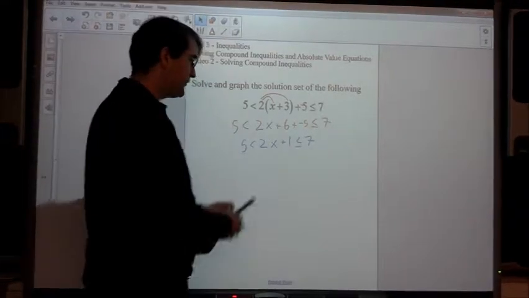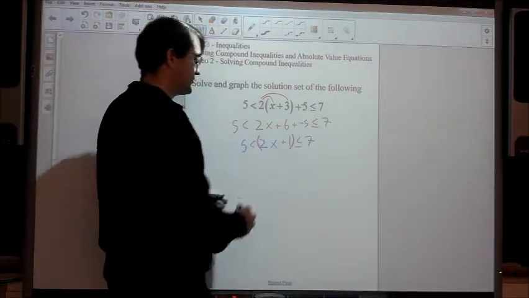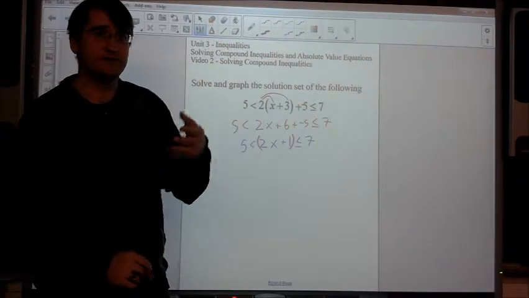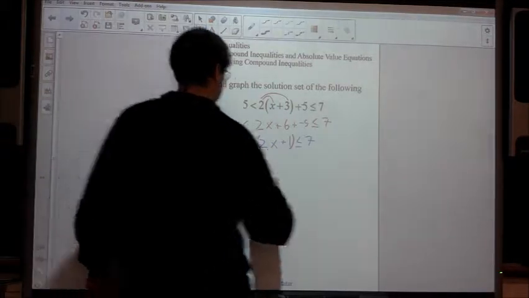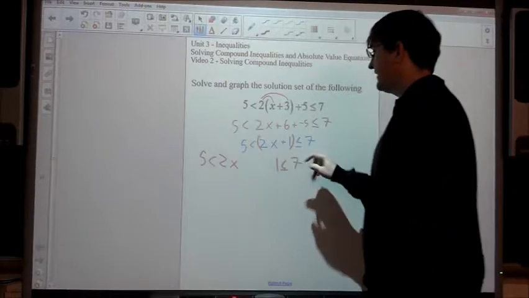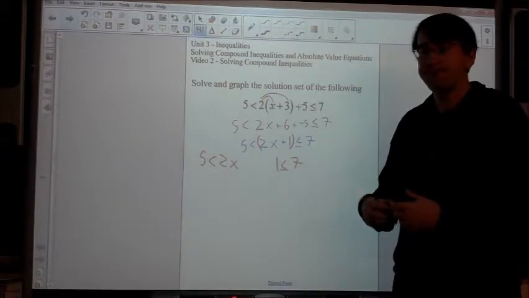Be careful, this plus 1, this is all one expression. That goes in parentheses. This is all one group. This is a mistake that I see people make sometimes. I'm not going to interpret that as 5 is less than 2x, and then 1 is less than or equal to 7. This is all one solid group. It needs to be grouped together.